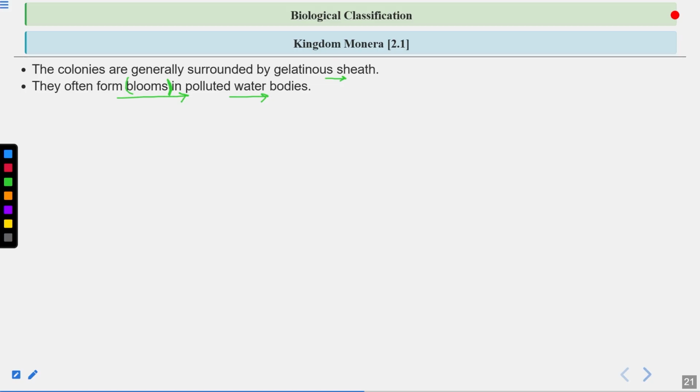Clear? Because oxygen is getting utilized in the decomposition of the algae. Clear? So algal blooms will cause increase in the BOD for the aquatic animals.